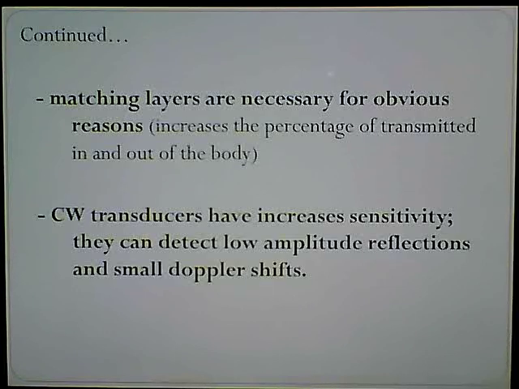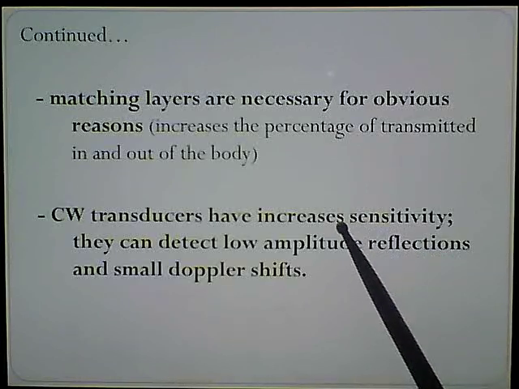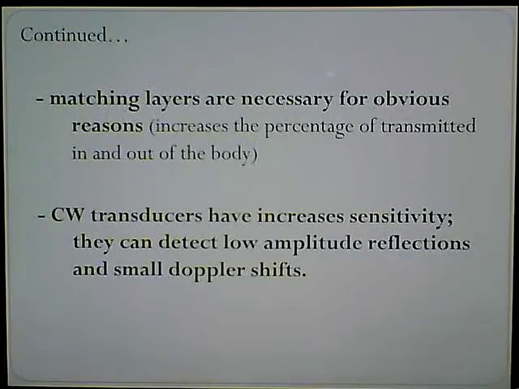Continuous wave transducers have increased sensitivity. They can detect low amplitude reflections and small Doppler shifts. They're very, very sensitive. No different from a sense of taste or a sense of smell. If you have a heightened sensitivity, that's exactly what that means. These smaller Doppler shifts or low amplitude reflections, they can detect those much easier.